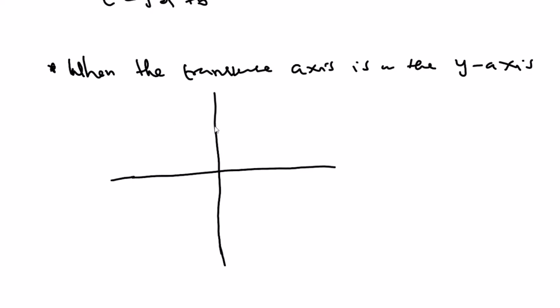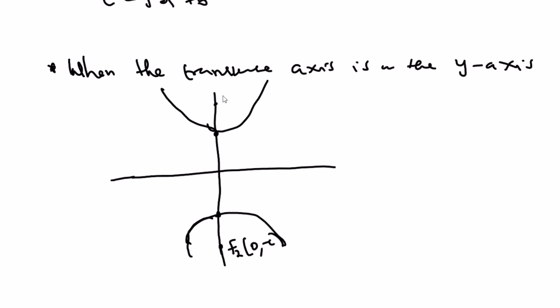So I'm going to get this on the y-axis like this. So what happens? We have our foci, so in this case, it's on the y-axis. So I'm going to get 0, negative C.